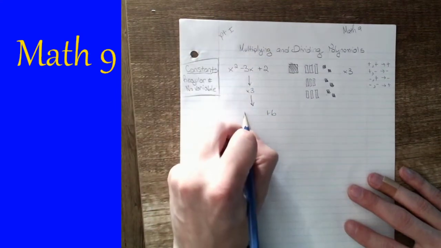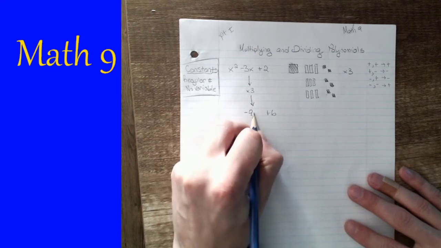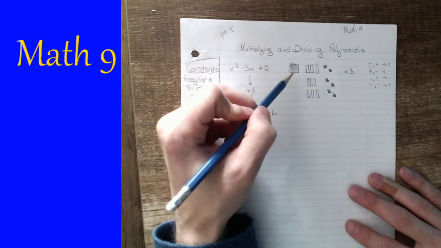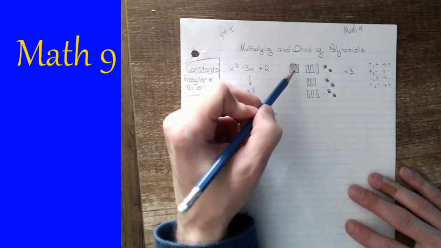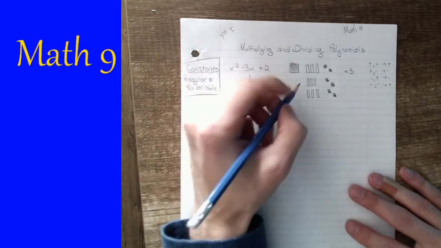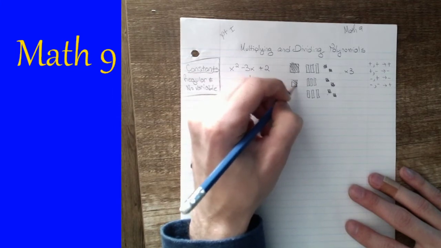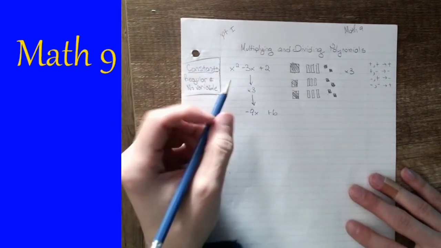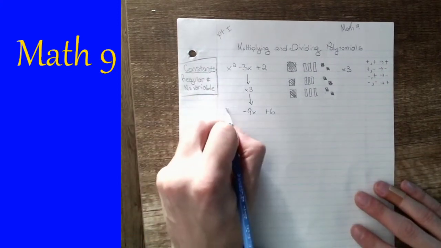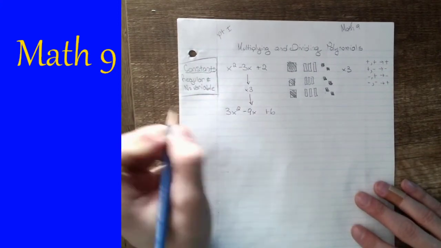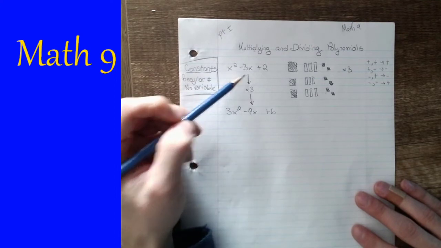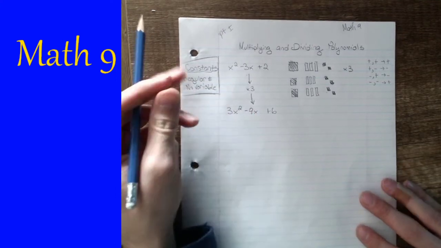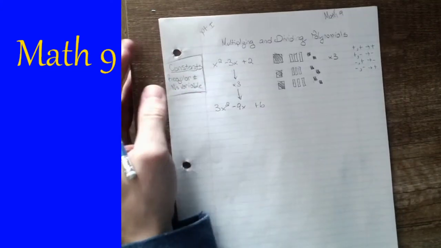So in the end, I have negative 9x. Okay, and then how about this? Let's do 3 groups of that x squared tile. And so I have 3x squared. And so my polynomial after multiplication by 3 becomes 3x squared minus 9x plus 6.